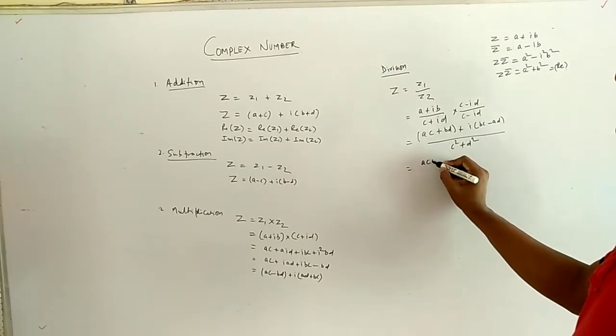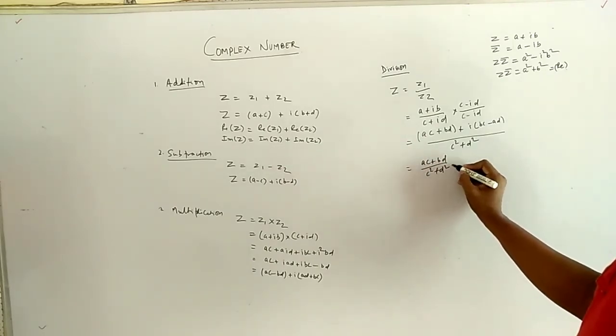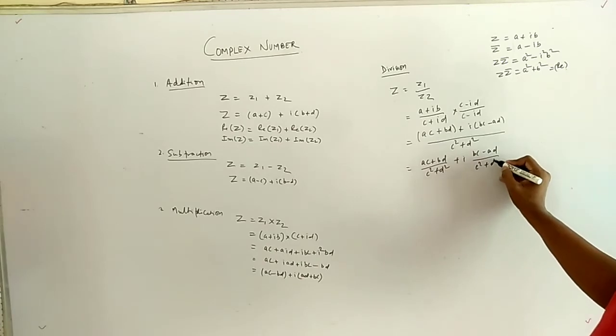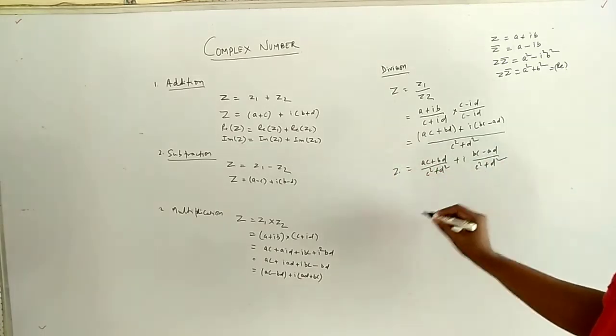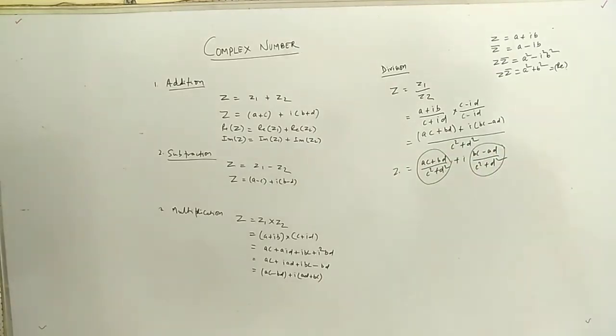Later you can write it as ac plus bd over c square plus d square, plus i times bc minus ad over c square plus d square, that is the result. This is your real part and this is your imaginary part.